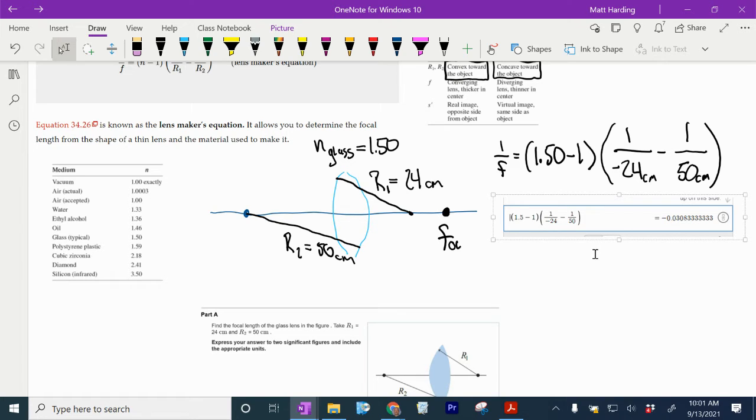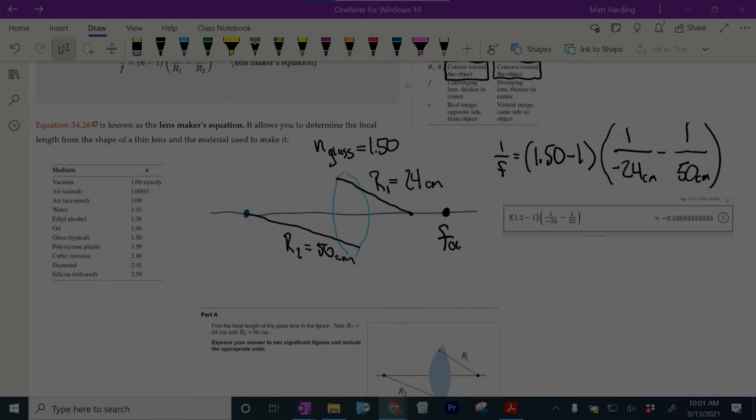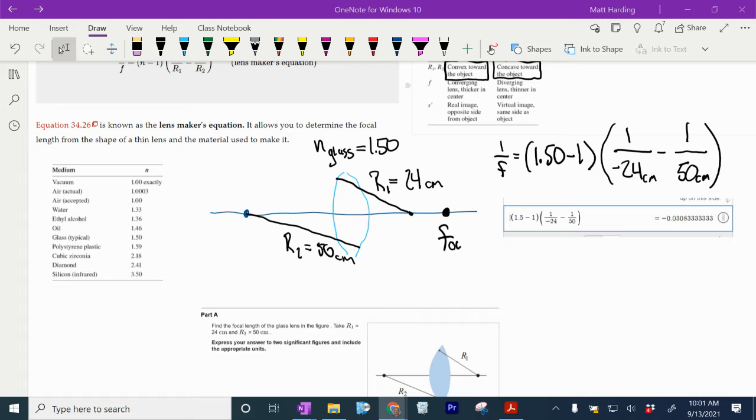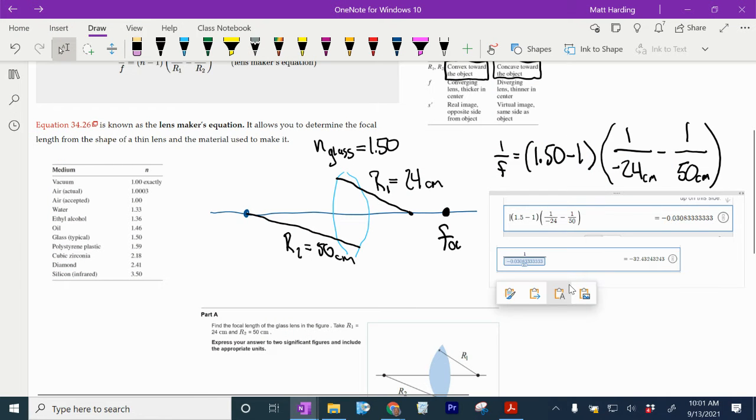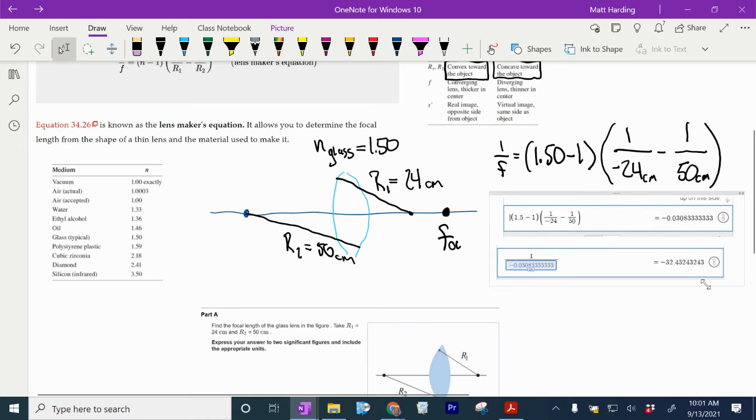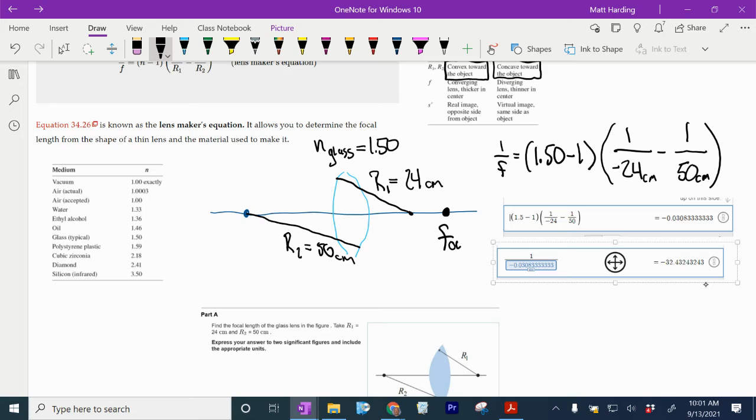And then the thing I wasn't thinking of straight away is that's equal to 1 over the focal length. So if I take the inverse of that, that's going to give me negative 32.4 as the focal length.